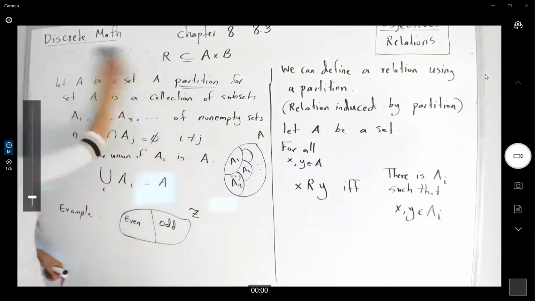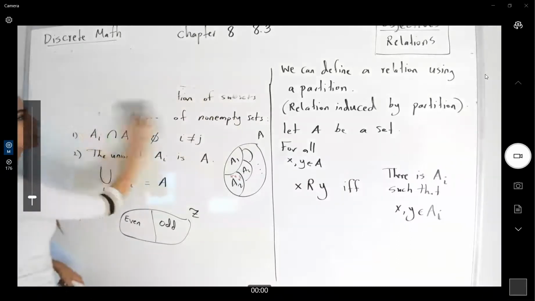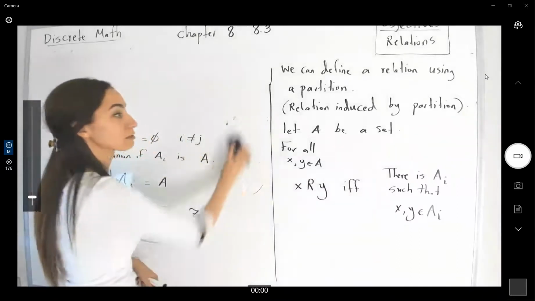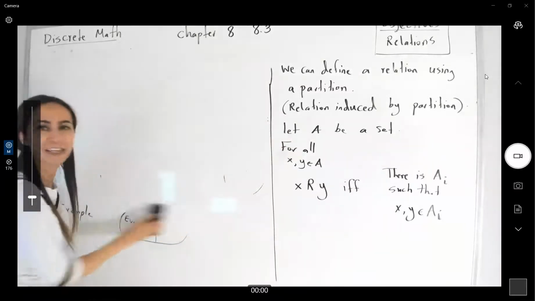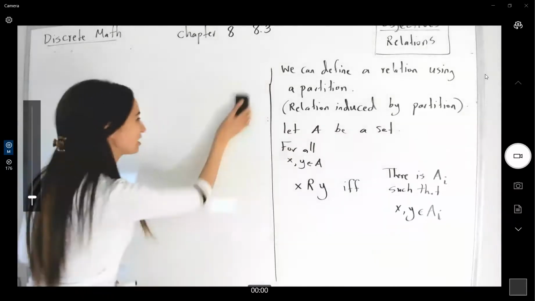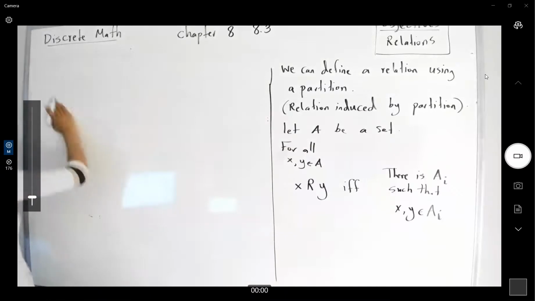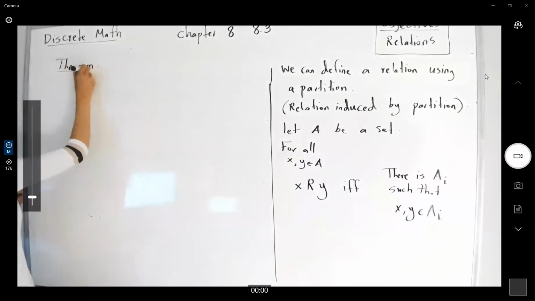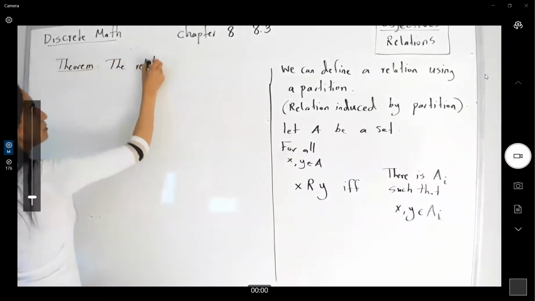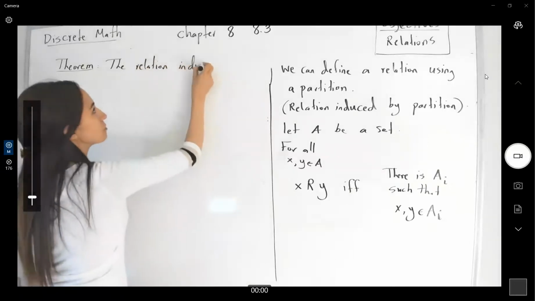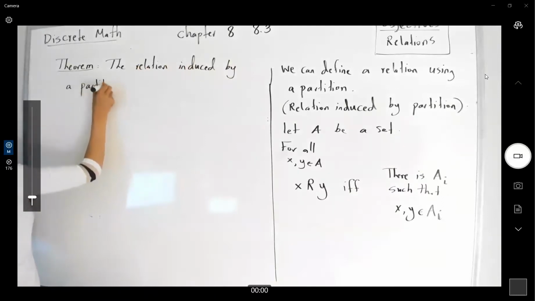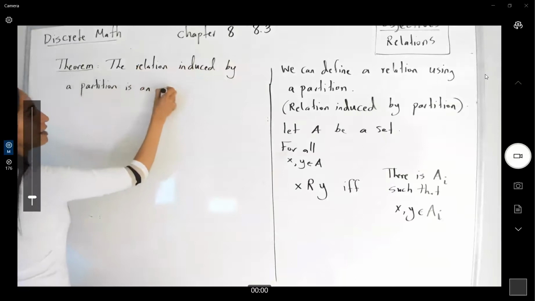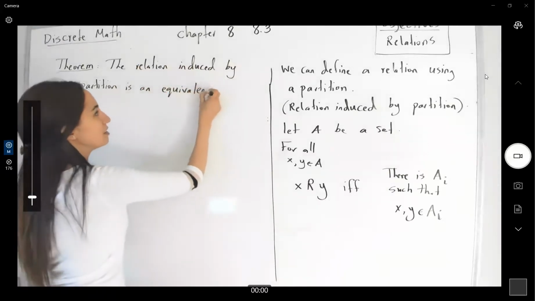Very well. So we have a theorem here. This theorem says, now that you've defined this relation induced by partition, it happens that this relation is an equivalence relation. Theorem: the relation induced by a partition is an equivalence relation.